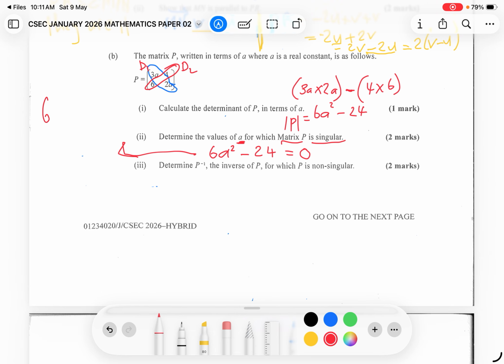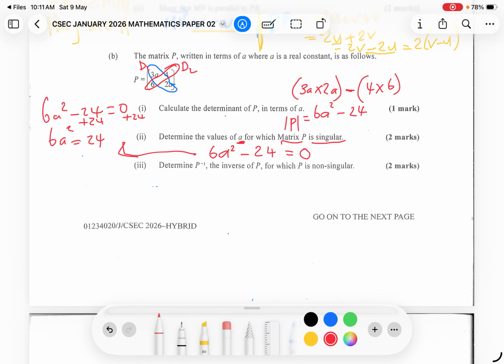Since I have 6A squared minus 24 being equal to 0, that means 6A squared, adding 24 to both sides, will be equal to 24. Divide through by 6 on both sides. A squared is equal to 4.